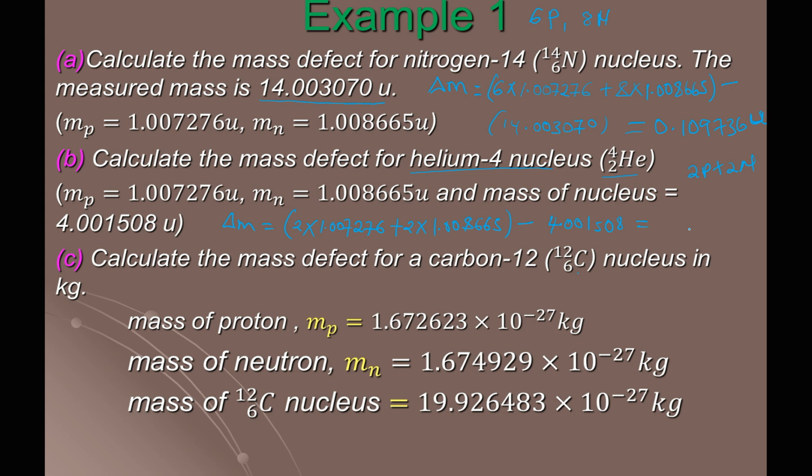I'll just press my calculator. Okay, to 6 decimal places, the difference in mass is 0.03037 U. So that is the mass defect for helium.